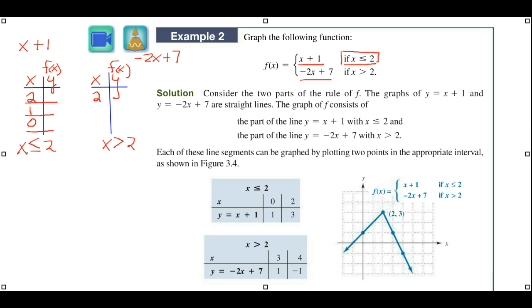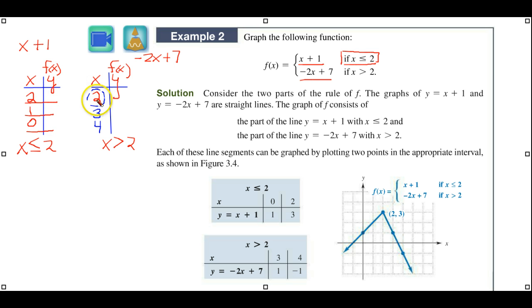So what I'm going to suggest is that we put the 2 there, but then put a little circle to indicate that it's just to the other side of 2, but we're going to get a value for 2. And then we're going to say, since it's greater than 2, let's say 3 and 4. That would be enough to get a line.